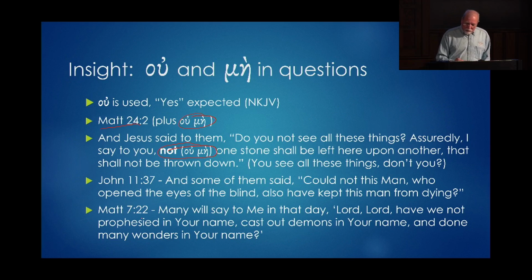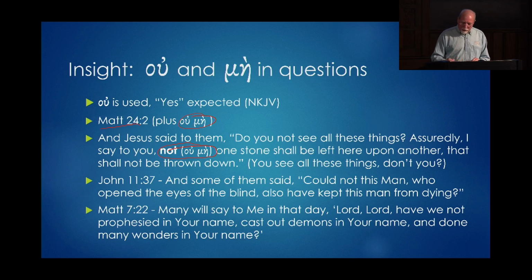Matthew 7:22, many will say to me in that day, Lord, Lord, have we not prophesied in your name, cast out demons in your name, and done many wonders in your name? These could be rephrased. They're all expecting a yes answer. All of them use the οὐ but you can't even tell in a translation here. These are all from the New King James. You can't even tell they're expecting specifically a yes or no answer.